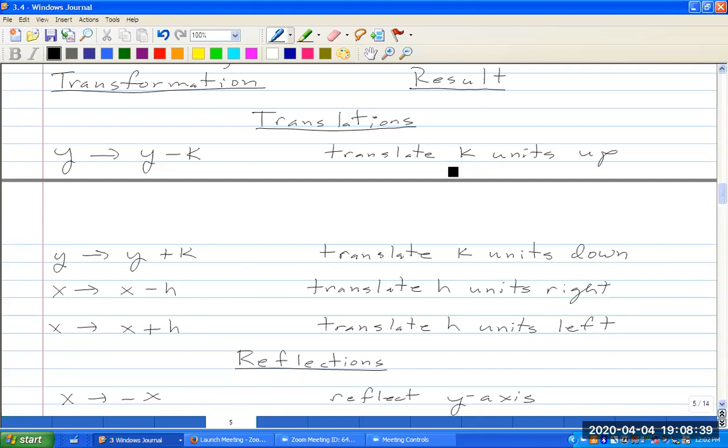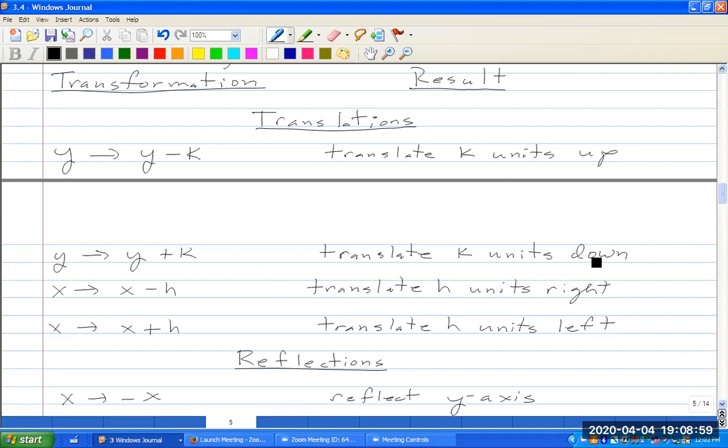So you'll move your graph k units upwards. Next, suppose you replace y by y plus k. Then you will translate k units in the negative y direction. You'll go k units down.